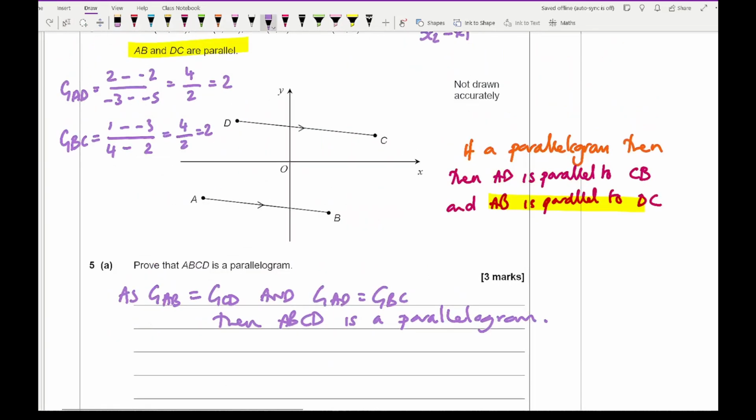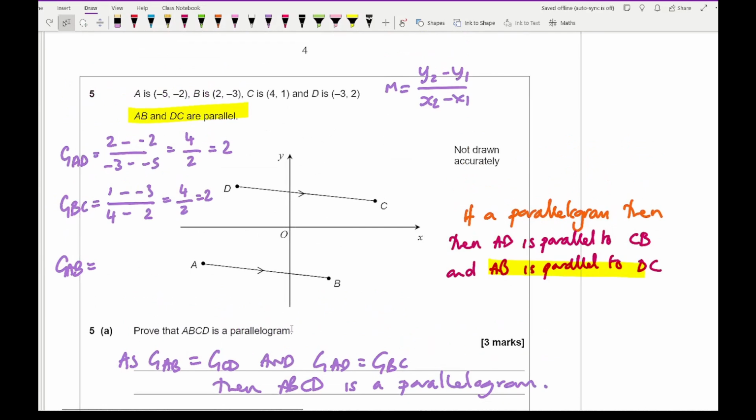So if I work out the gradient of AB, B is minus 3, 2, and A is minus 2, minus 5. And if I take those two things away, I end up with minus 1 over 7.